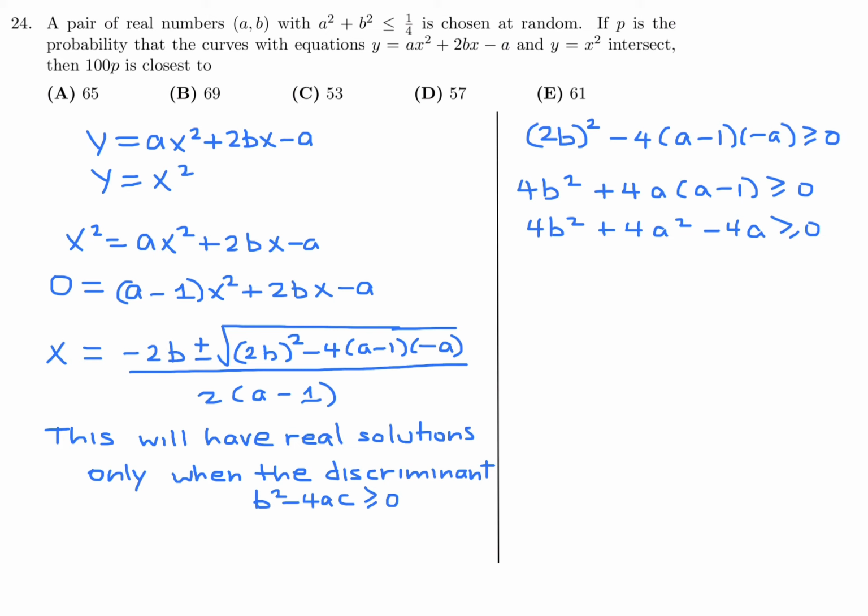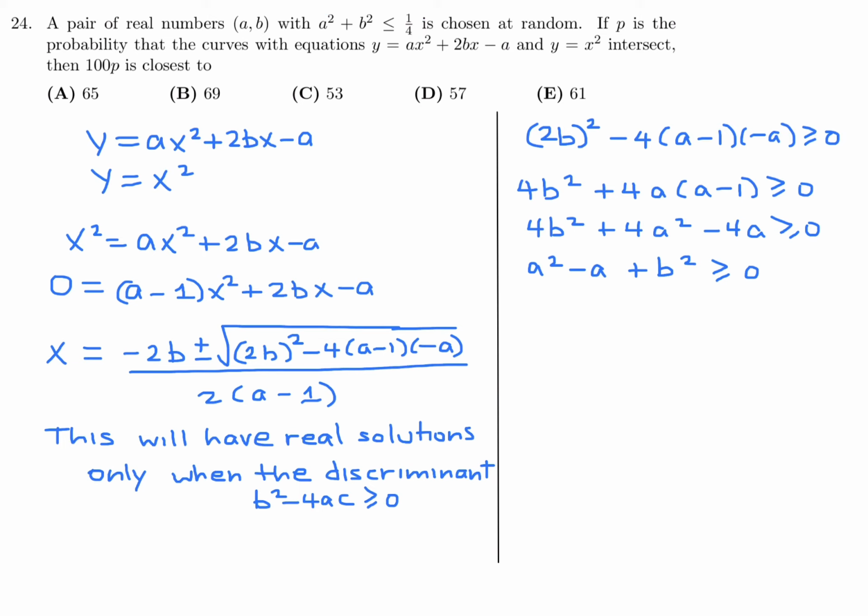I can divide through by 4, and that'll just leave me with a squared minus a plus b squared greater than or equal to 0. Okay. Having done a lot of these, this reminds me of a complete the square kind of situation, and then eventually it will be a circle, I believe, because this is a circle.